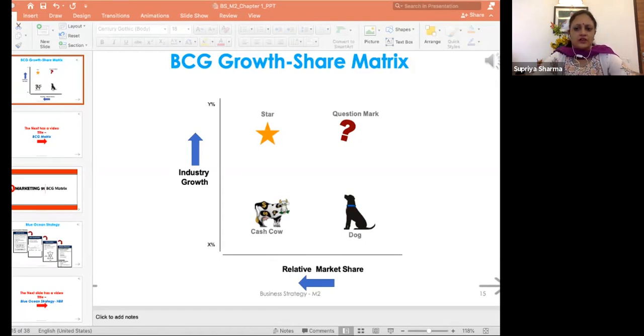So this is the cash cow. What is a cash cow? There would be some products in the company's portfolio which are low on industry growth, but relatively have a high market share, low market share, sorry. So this is low and this is high.